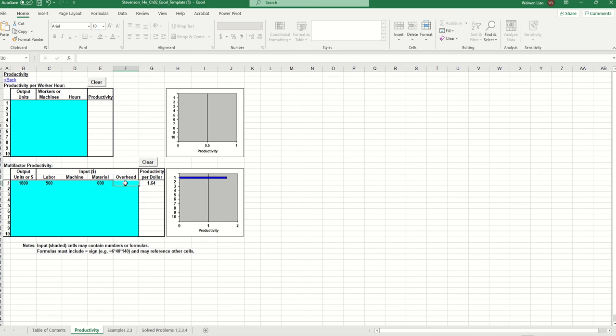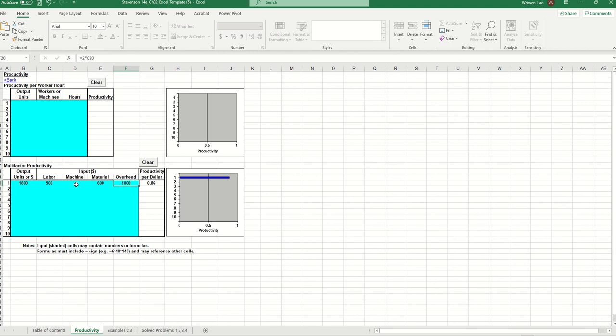Now, your overhead cost usually will be linked to your direct labor cost. It's a ratio. For example, your overhead cost is 2 times your direct labor cost. So you need to select your direct labor cost. The overhead cost here is always linked to your labor cost. So enter this formula, then click enter. Now you will have your overhead cost.